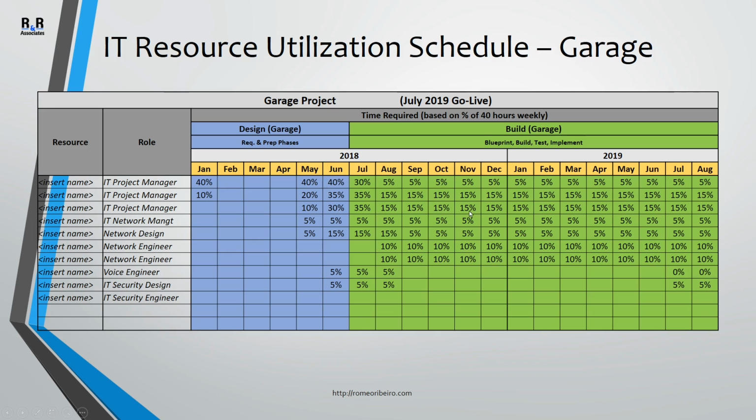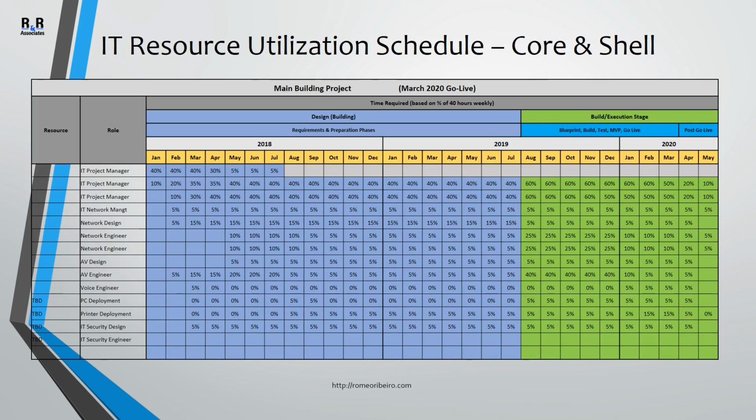So if it's 50% in some cases, you will need obviously 20 hours of their time a week. You want to make sure that you get that approval from your managers. For, in this case again, garage and the core and shell. It's concise, it's simple, it's easy to understand, and for all levels of participants.